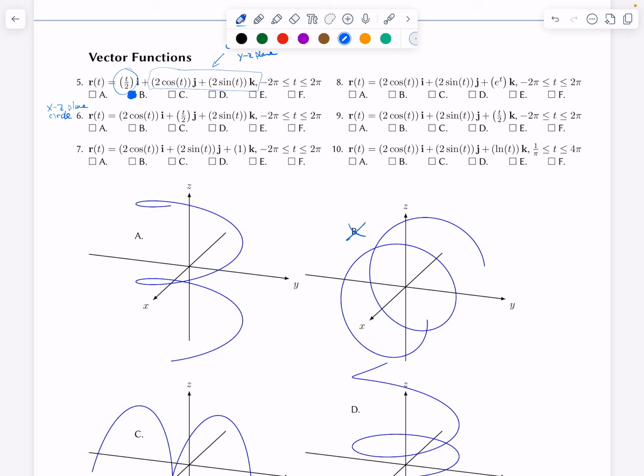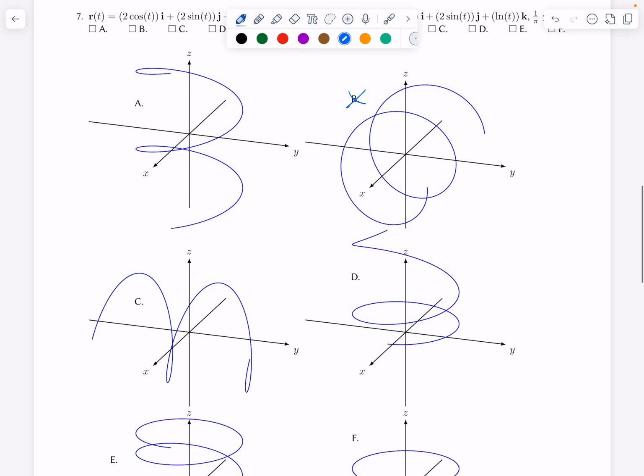So this thing will be XZ, and the Y variable is just moving along. Here the circular motion is happening in the x, z planes.